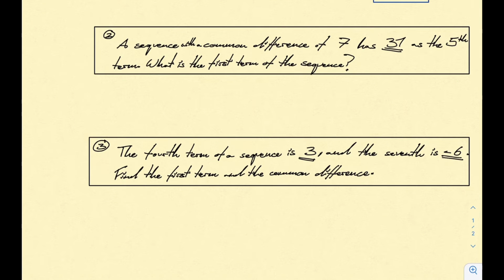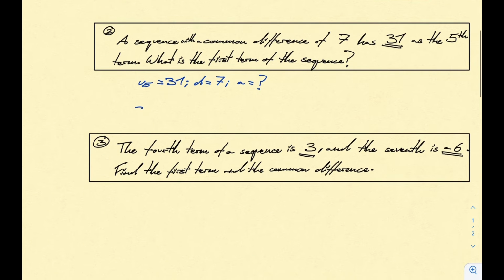Now we know that u5, the fifth term, they told us is equal to 31. We know that the common difference, d, is going to be equal to 7. And we want to calculate a, which is our first term of the sequence. And so we can just write the equation.